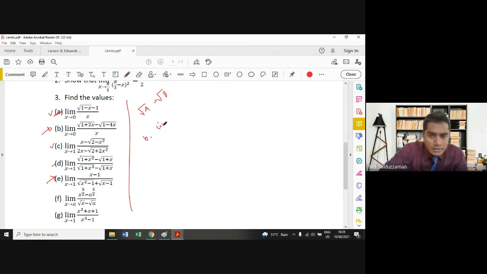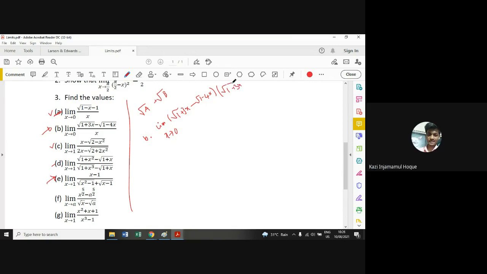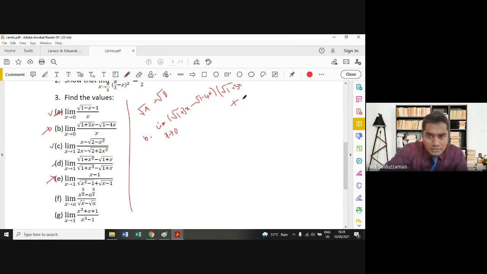That means here, for number B, I'll write down square root of 1 plus 3x minus square root of 1 minus 4x. Okay, this is given. Then this into what? Tell me someone: 1 plus 3x plus 1 minus 4x.